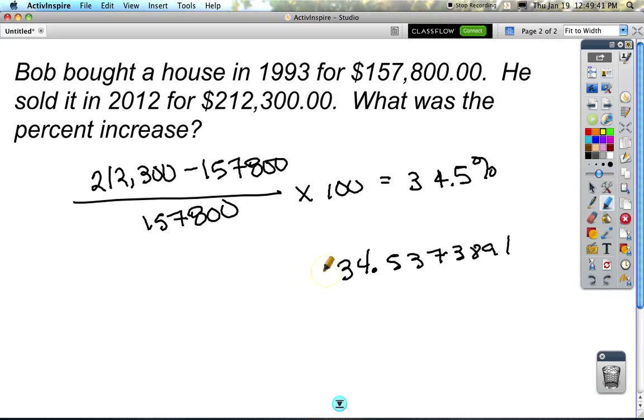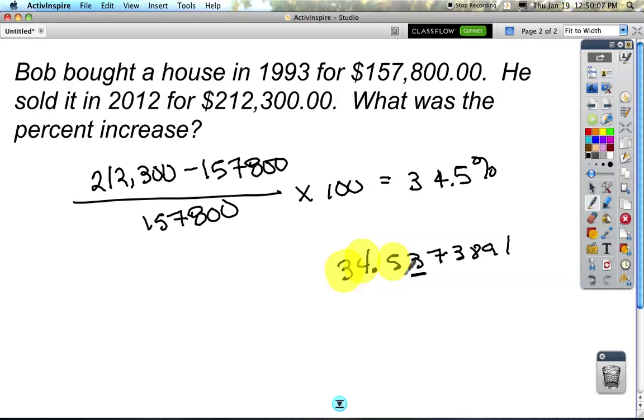Do you see 1, 2, 3? Yes? You always look at the 4th to determine whether the 3rd one stays the same or rounds up. Okay? So, with this being a 3, the 5 does what? Stays the same.